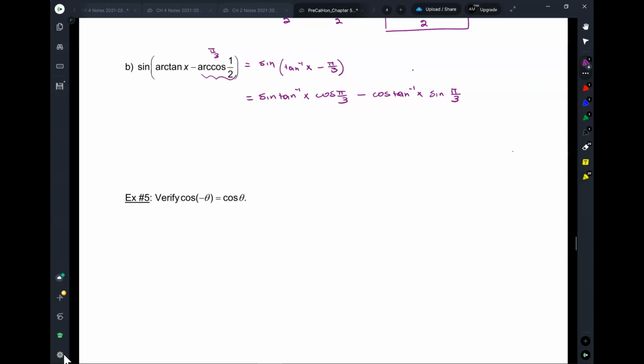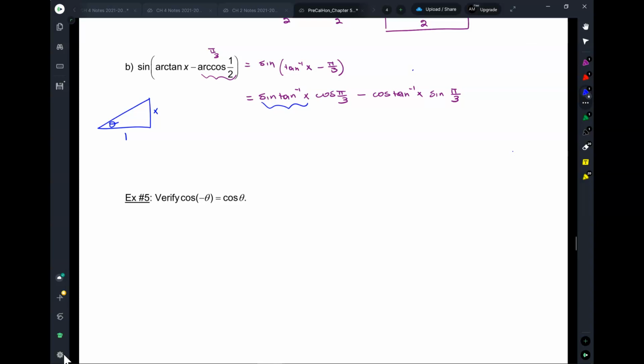Here, this time, the one we have to do a triangle for is right there. There is a triangle with an angle, the tangent of which is x. So opposite over adjacent is x over 1. Now, I'm missing the hypotenuse this time.